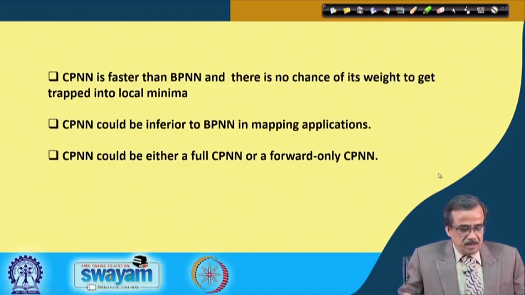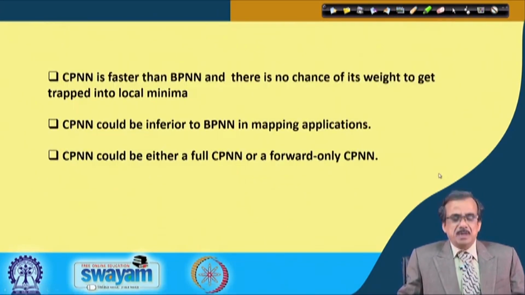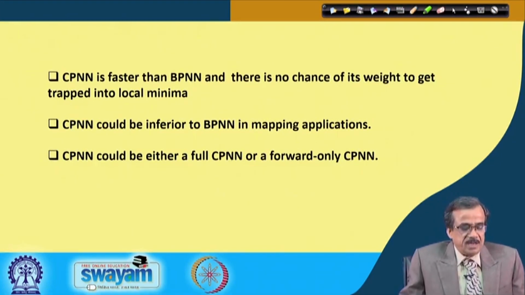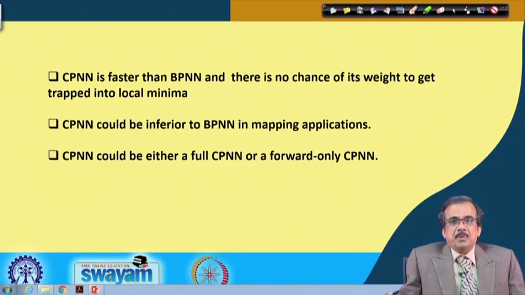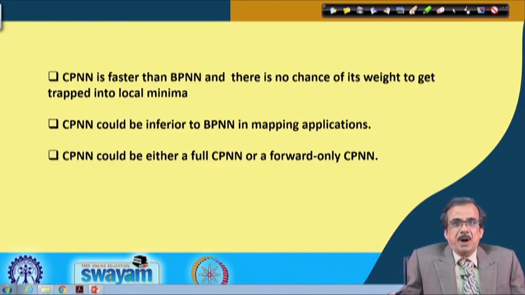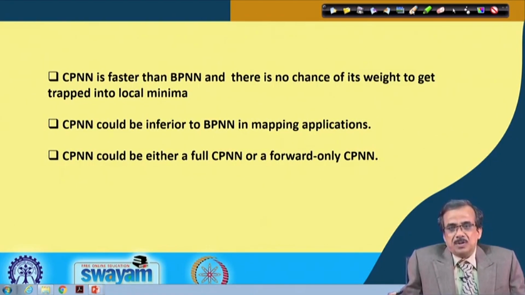But before that, let me tell you a few facts. This CPNN, the counter propagation network, is found to be faster than the multi-layered feed forward network, and here we do not use the concept of the back propagation algorithm.